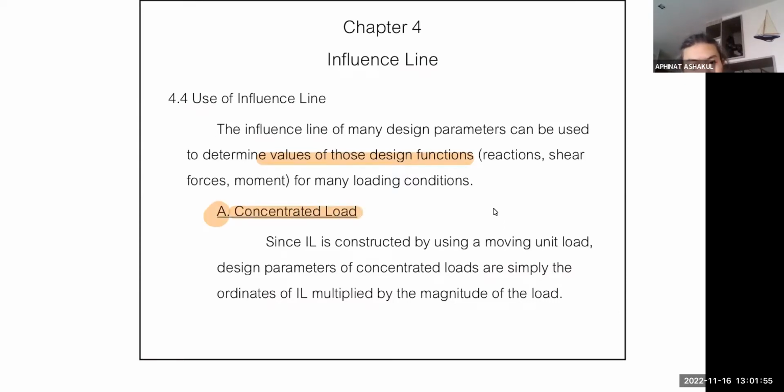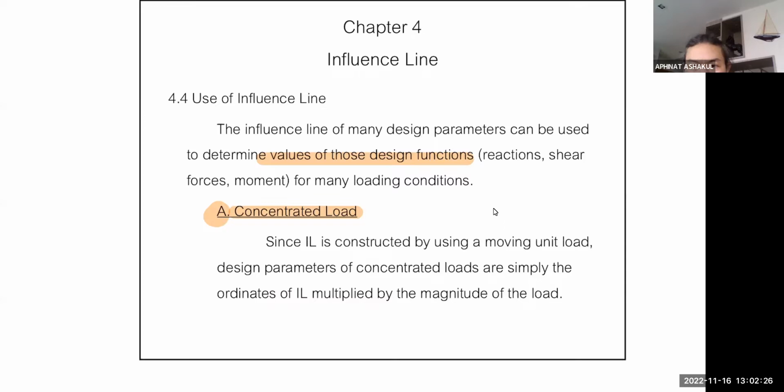Because our influence line is constructed based on the point load, which is equal to 1, when you have the point load or the concentrated load with a magnitude, you can simply multiply the load with the value of the influence line where the load is applied right away. Right? Because the influence line is constructed by using the point load, which is equal to 1.